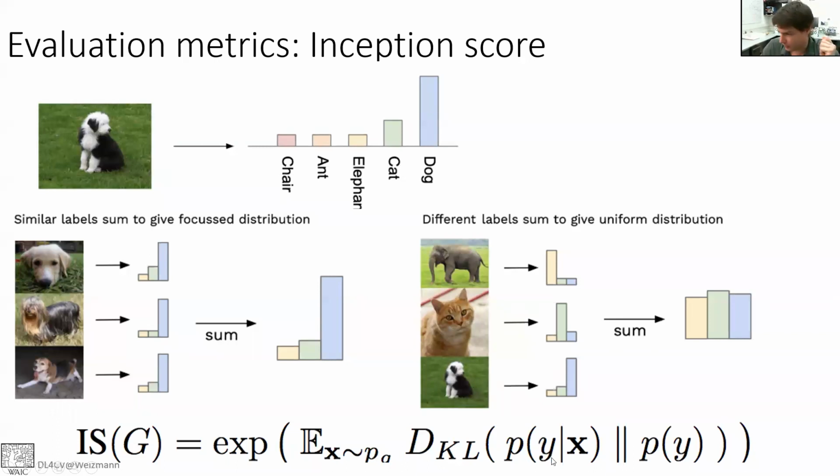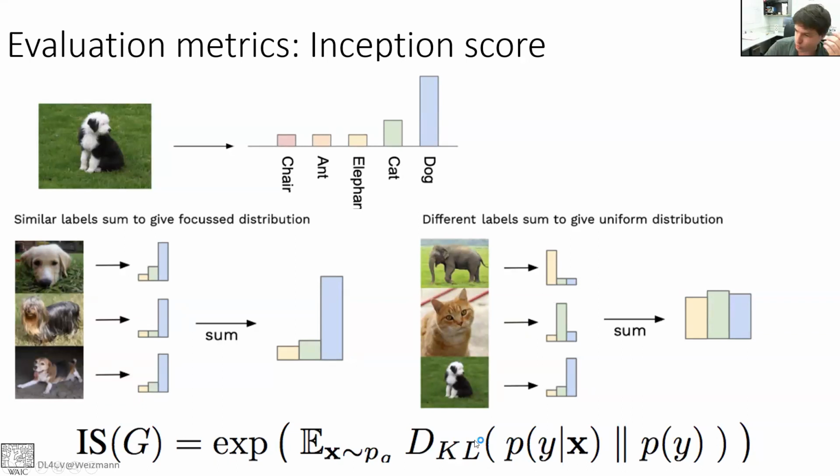But separately, for each X that I have generated, I want P of Y given X to have the lowest entropy possible. So I want these two distributions, the general distribution of labels and the distribution of softmax numbers for a single generated example, to be as far away from each other as possible.